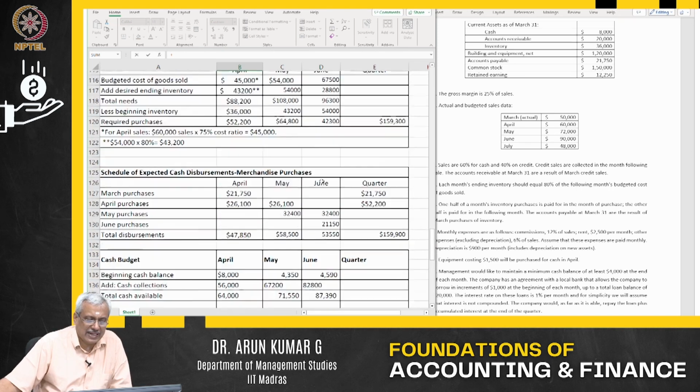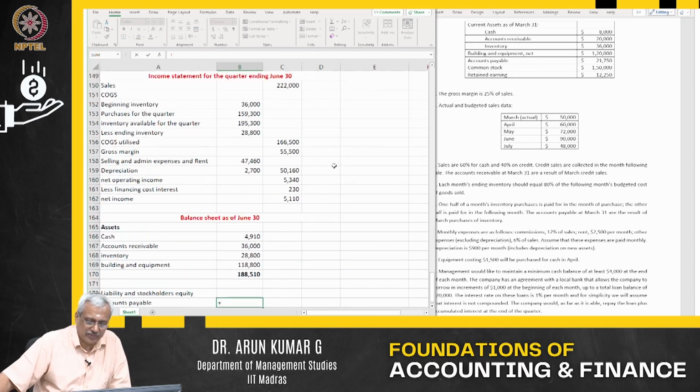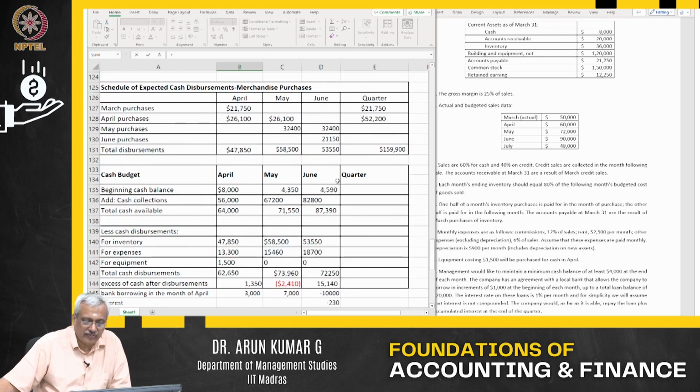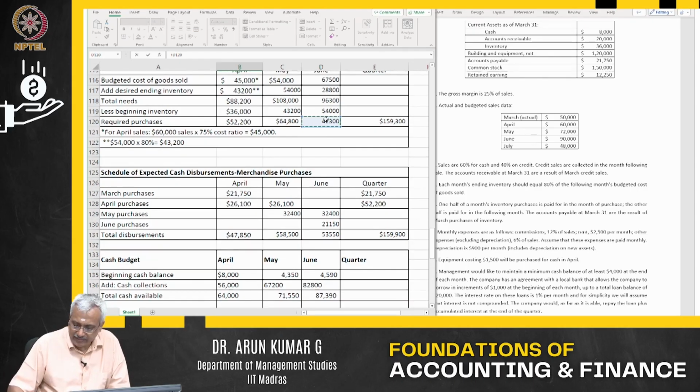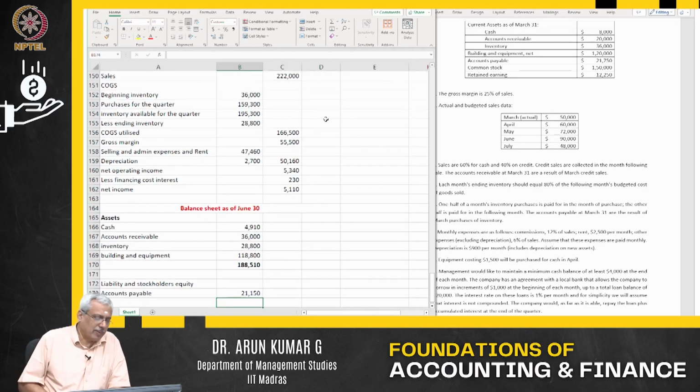So what is the purchase that you are making in the month of June? 43,200 is the required purchase. 50% of it you are going to pay in the month of June. 50% of it you are going to pay subsequently. So the accounts payable in this particular case is basically 50% of this purchase.